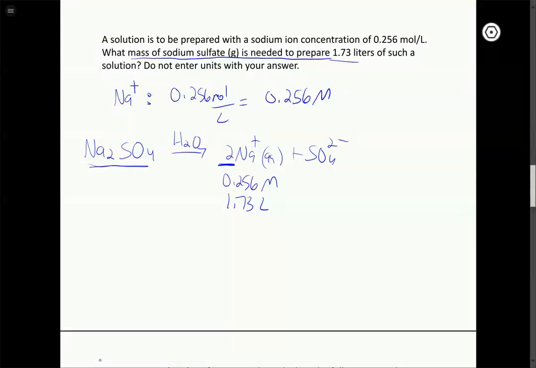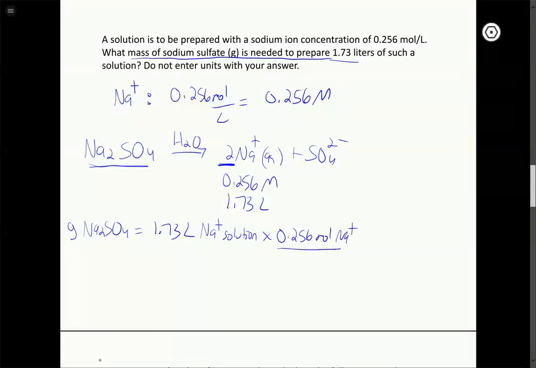So if we're looking for the grams of sodium sulfate that we're dissolving, we're making 1.73 liters of solution. We know the concentration of that solution is 0.256 moles of sodium plus per 1 liter of solution.